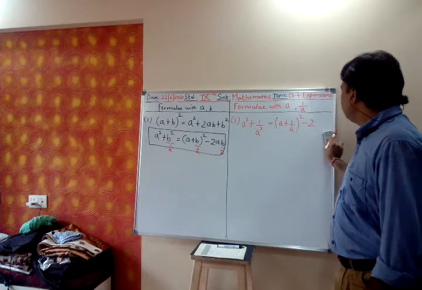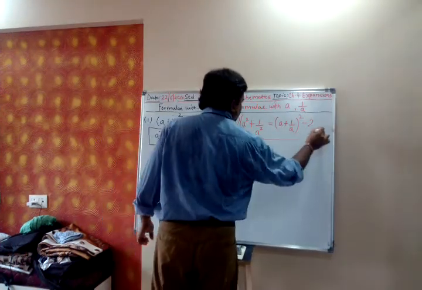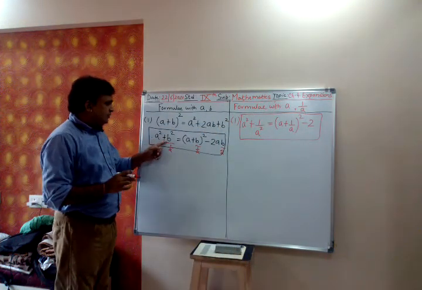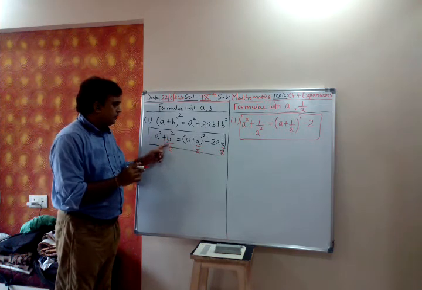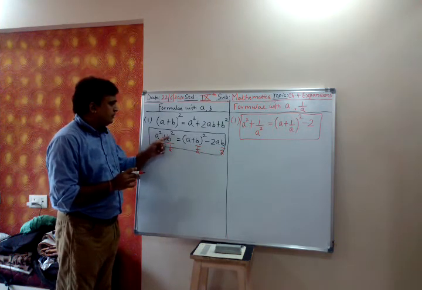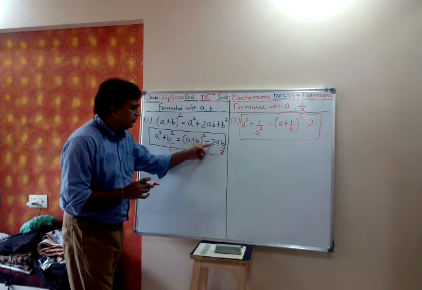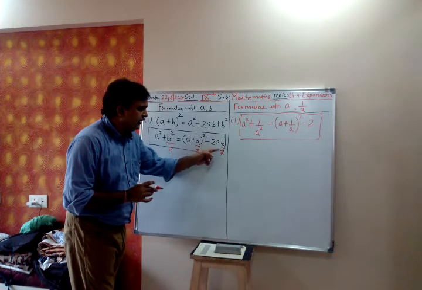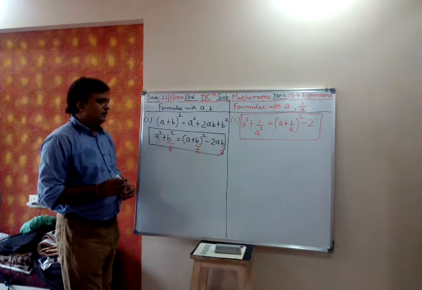And this formula you have to remember. A square plus b square, in place of b I will write 1 upon a. So a square plus 1 upon a square is a plus 1 upon a whole square minus 2 into a into 1 upon a. A and a get cancelled. What is left? 2. This is clear?